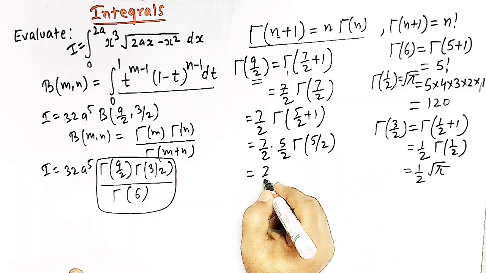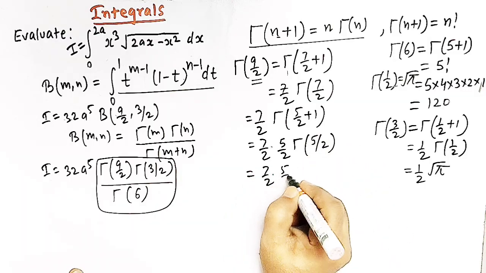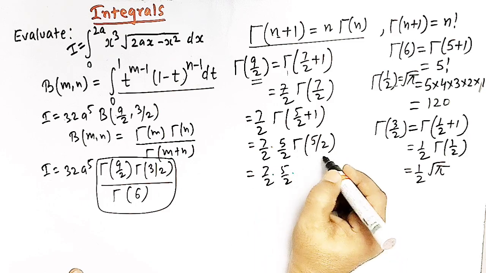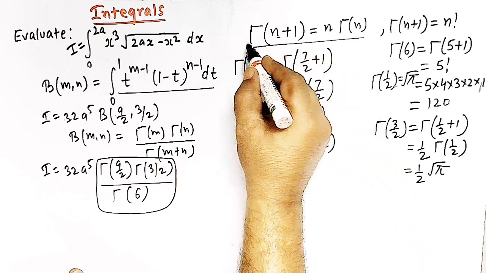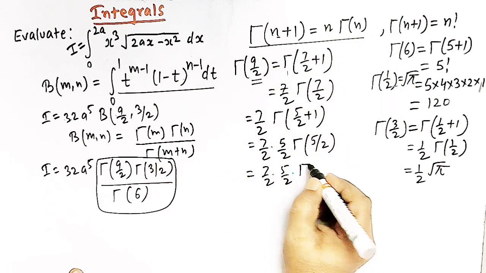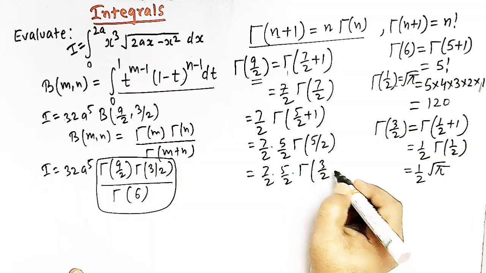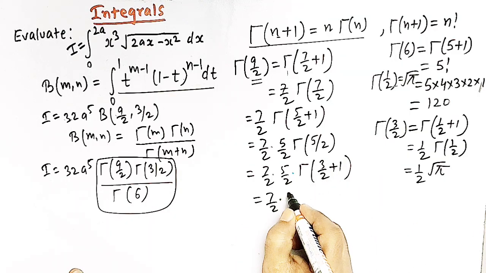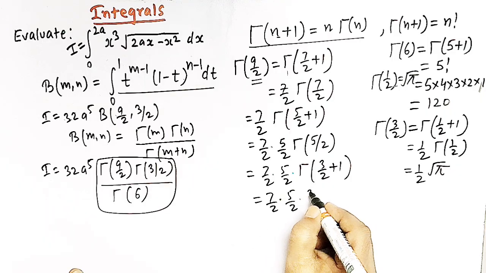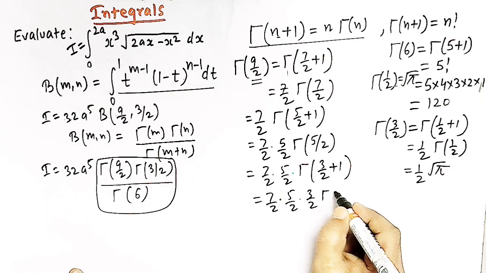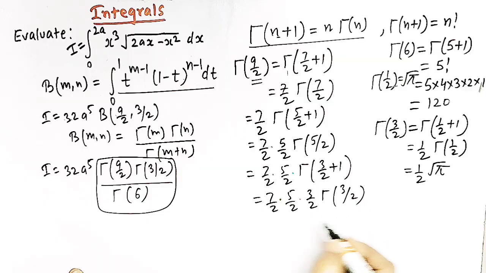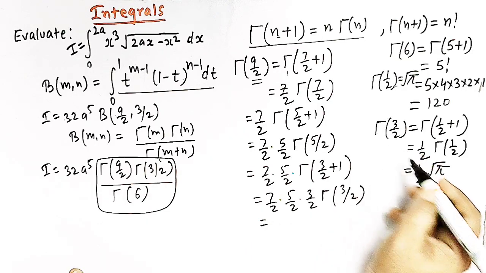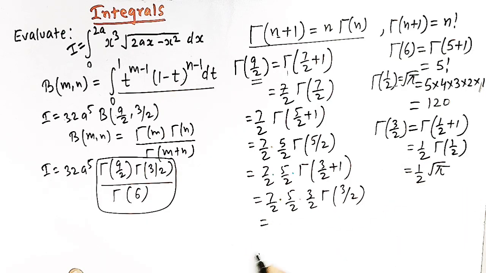So now we have 7 over 2 times 5 over 2, and gamma 5 over 2 can be obtained again by using this result. We have gamma 3 by 2 plus 1. So this is 7 over 2 times 5 over 2 times 3 by 2 times gamma 3 over 2. Now gamma 3 over 2 is half times square root of pi.